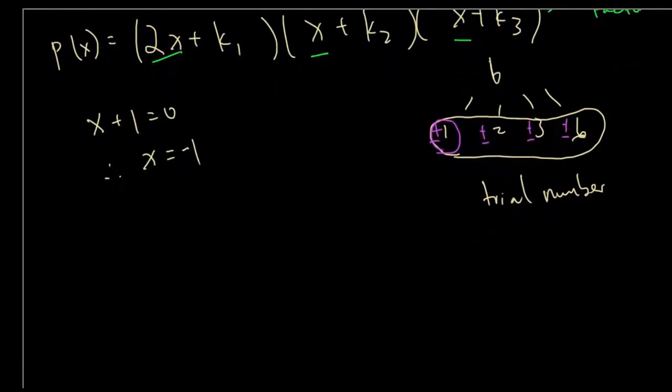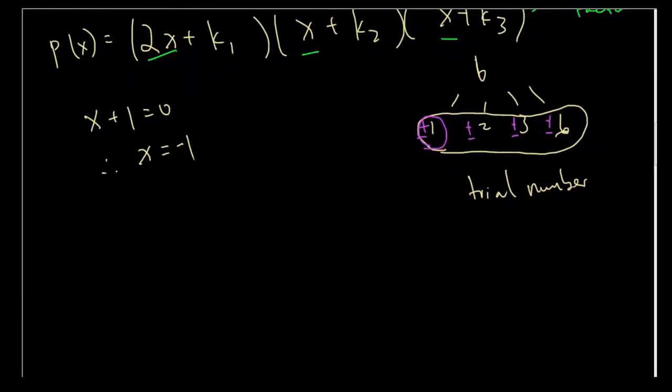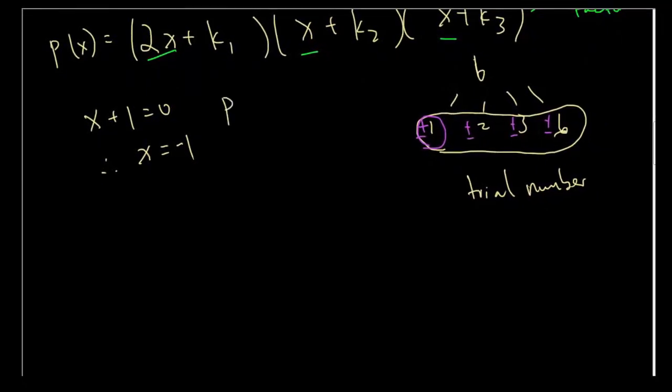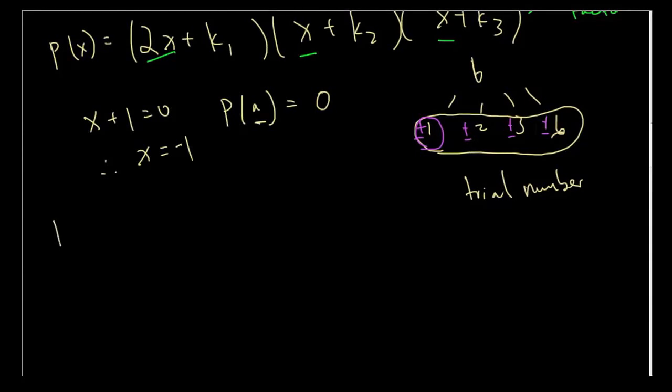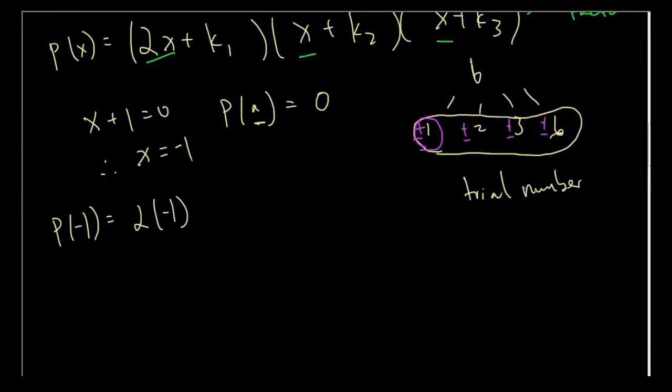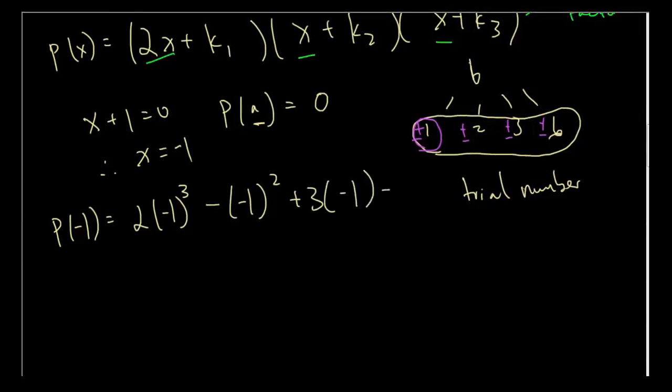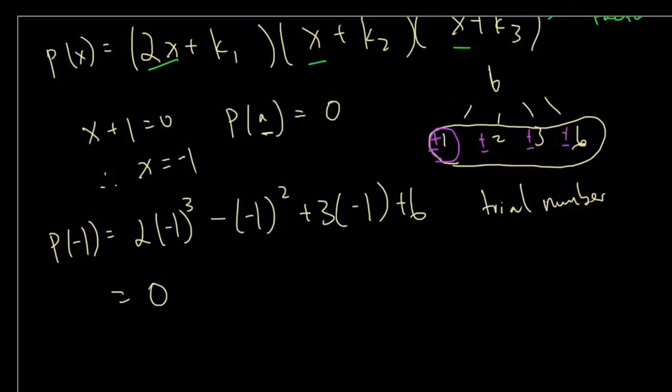So let's test that. What we are testing is what value will give me a 0, so we need to find this value. P(-1) gives me 2 times negative 1 cubed minus negative 1 squared plus 3 times negative 1 plus 6. That indeed gives me 0.